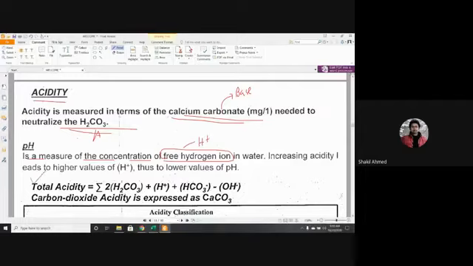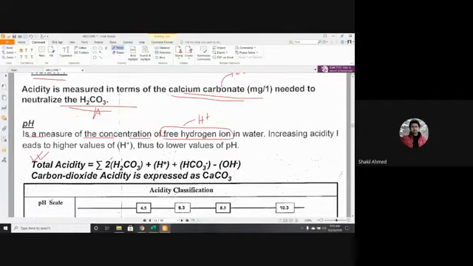Now total acidity would be what? Total acidity would be H2CO3.